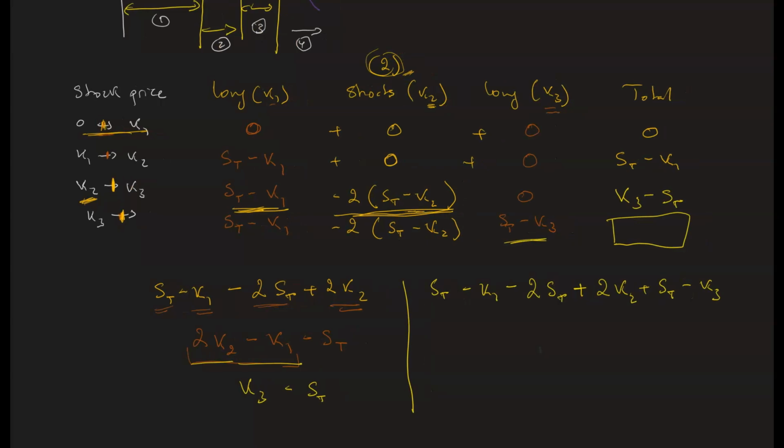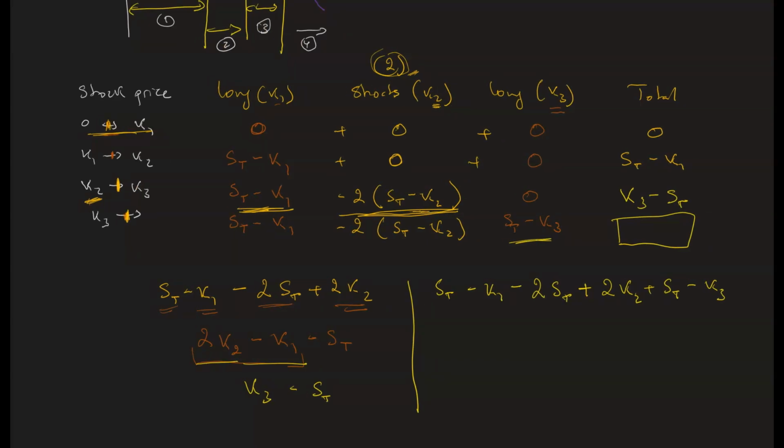Alright, so let's simplify this. Our simplification is going to start with the following. Stock price here plus stock price, that's 2 times stock price, minus 2 stock price, so these all cancel each other. Okay, now what do we have? We have 2 times strike price 2, minus strike price 1, minus strike price 3.